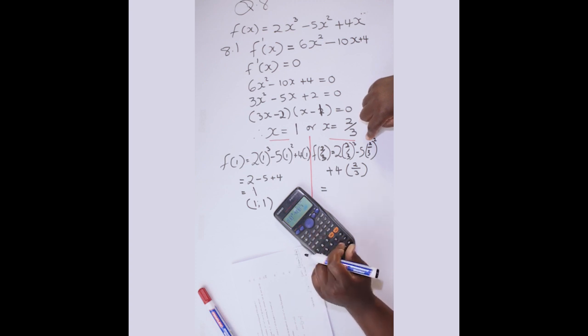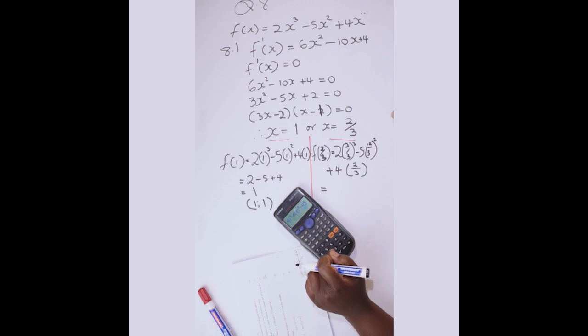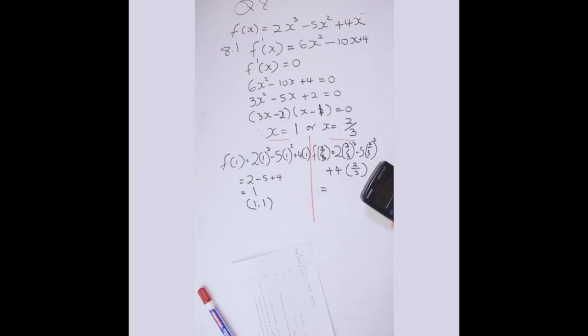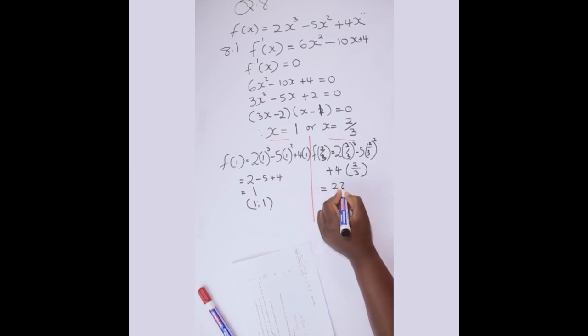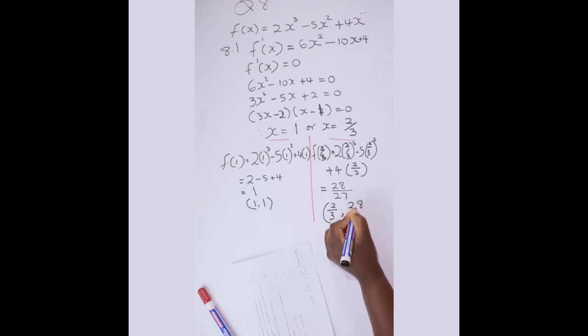Remember, we have to substitute into the original equation to find the y value, not the derived equation. Always substitute into the original equation, which gives us 28 divided by 27. Now this is our second coordinate, (2 over 3, 28 divided by 27).